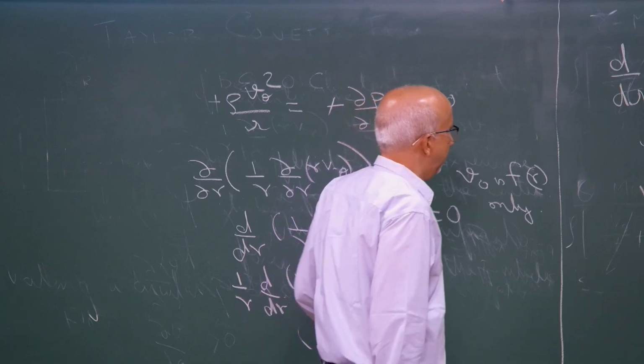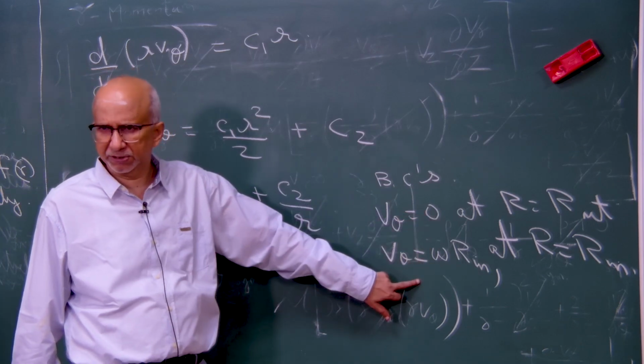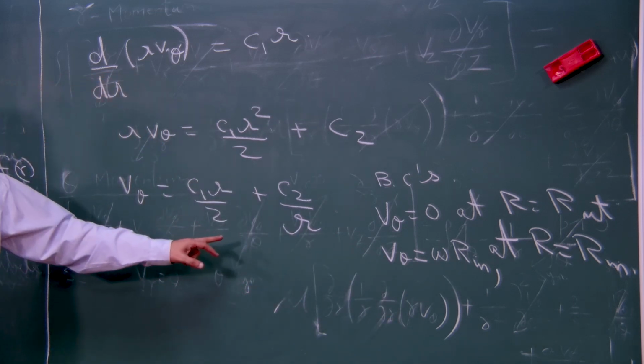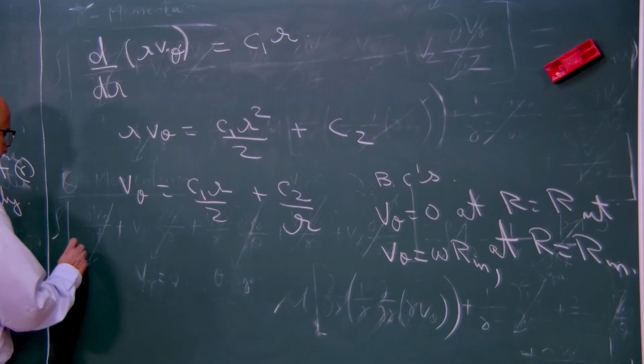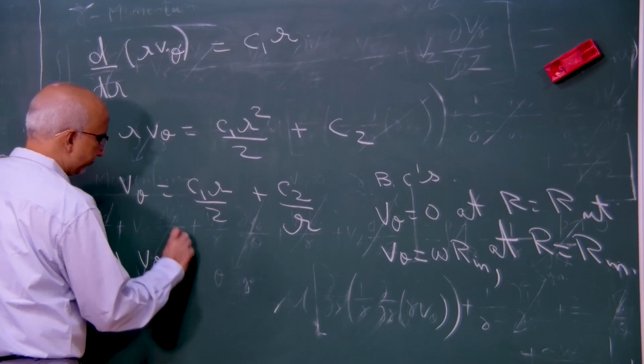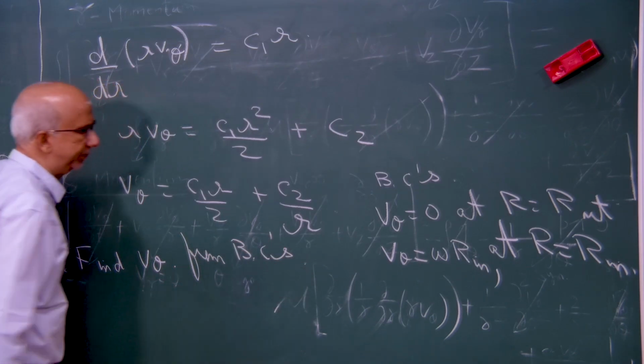So, basically I am not going to do this, you have to substitute these two boundary conditions and solve for v theta, solve for C1 and C2, okay. So, find v theta using the boundary conditions.